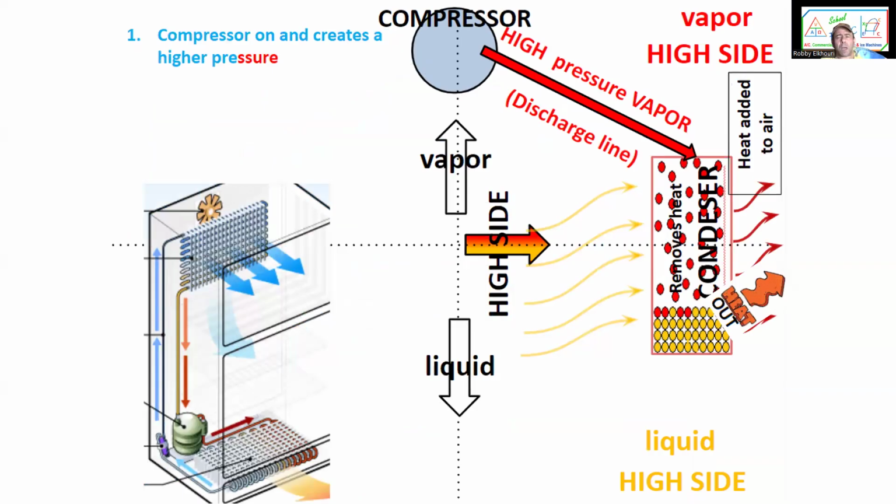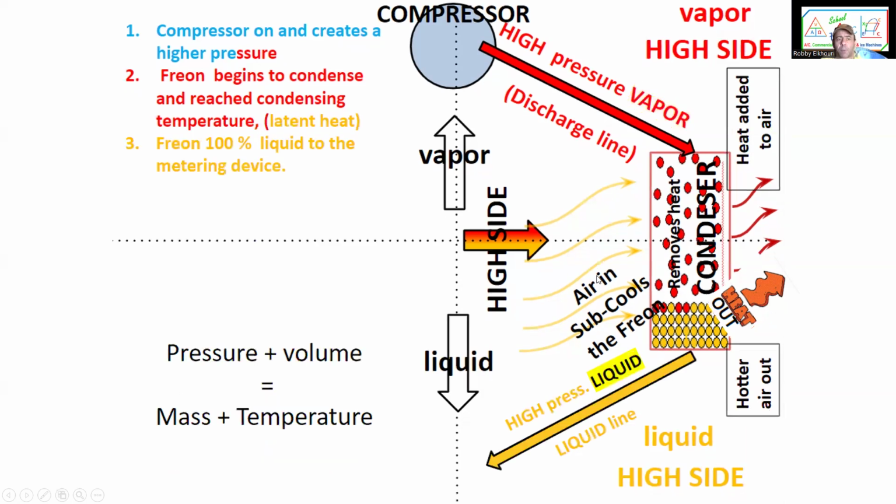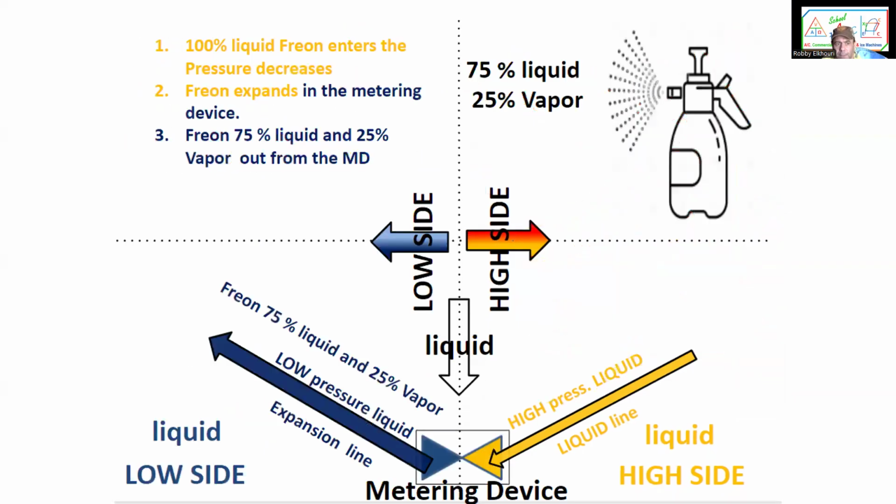Next, the compressor will suck, compress, and discharge, and with the compressor on it creates higher pressure. Then the compressor discharges into the condenser. Freon begins to condense and reaches its condensing temperature, and that's the latent heat, a change of state, not a change of temperature. Then at the end of the condenser, 100% liquid comes out and enters the metering device.